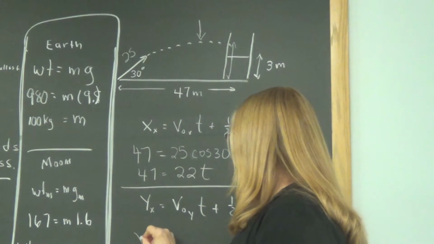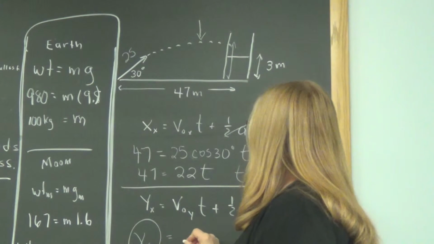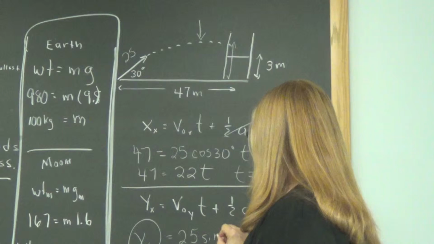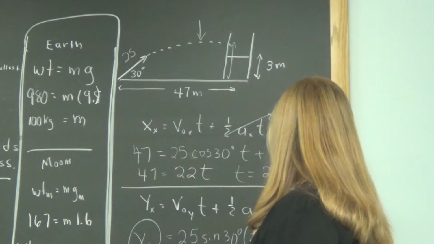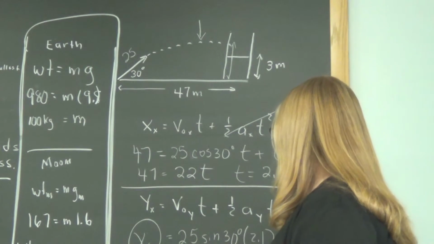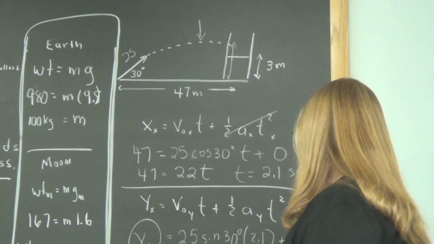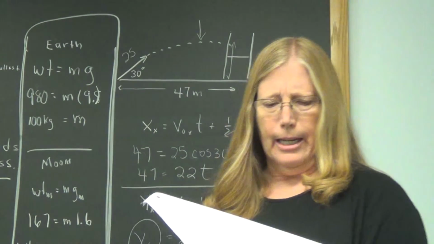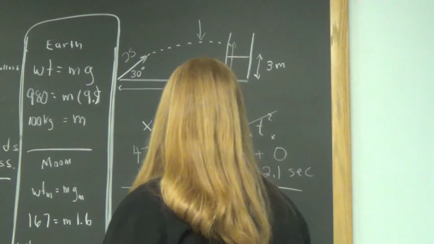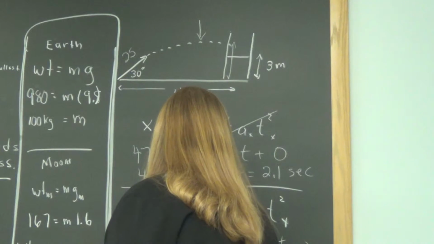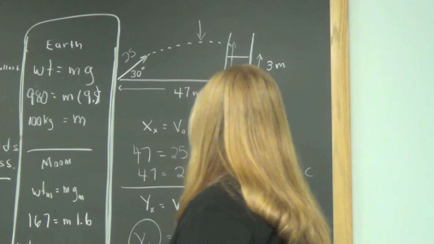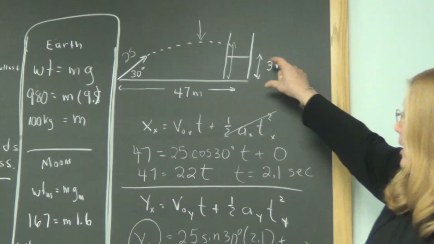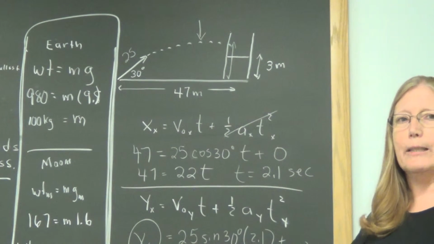This one is 25 sine 30 times the time, 2.1, plus 1/2 times negative 9.8 times 2.1 quantity squared. When I did all that, I got 4.6 meters, and I think the question asks how high over if it did go. So if the bar is 3, it went over by 1.6 meters.